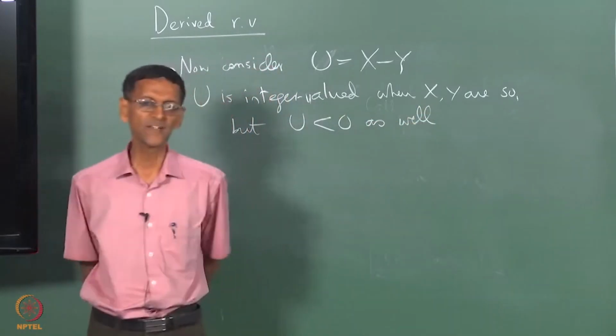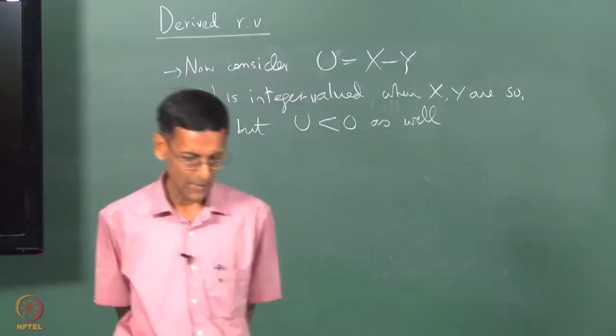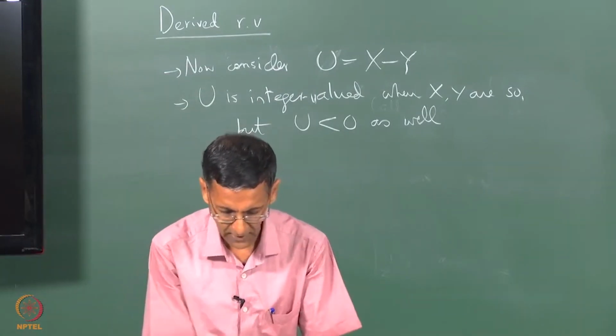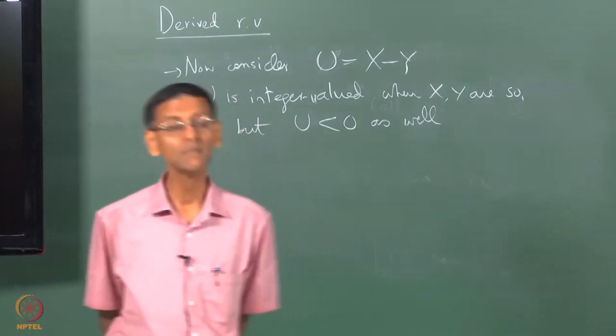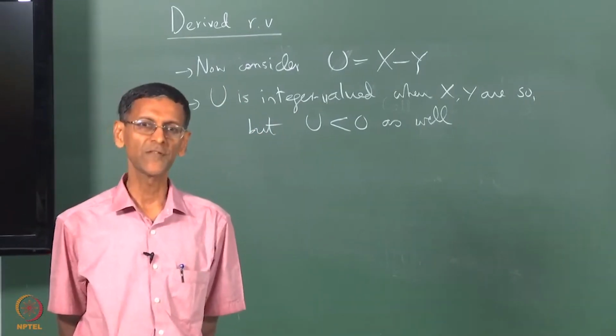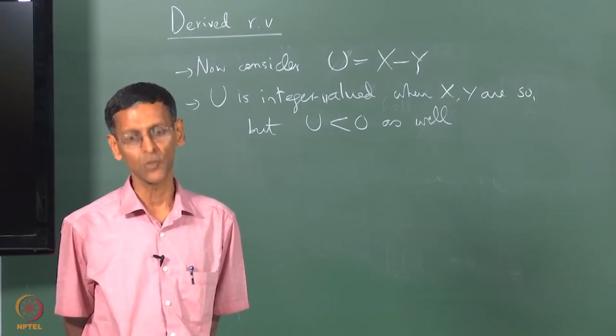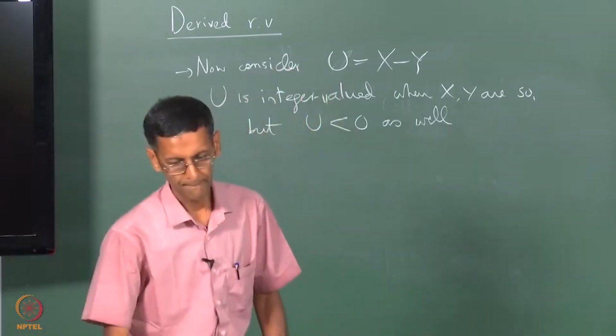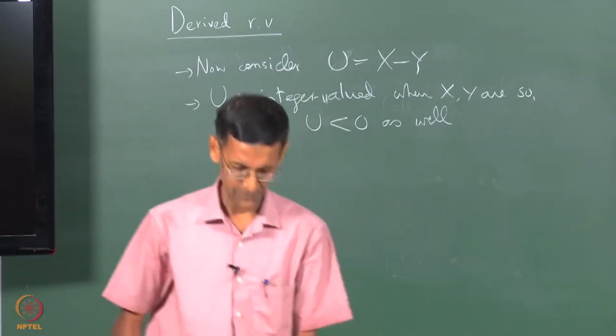So, for example, if you take the difference of two die rolls, how will you go about finding the probability that u equals -1? It is the same principle. You look at combinations of x and y which give you -1, right.